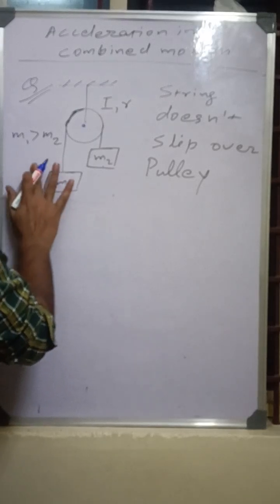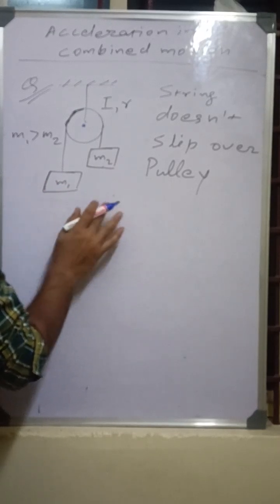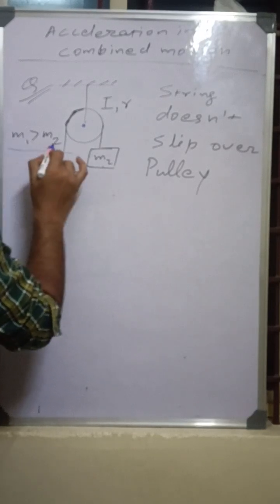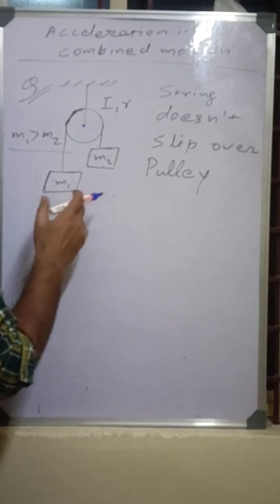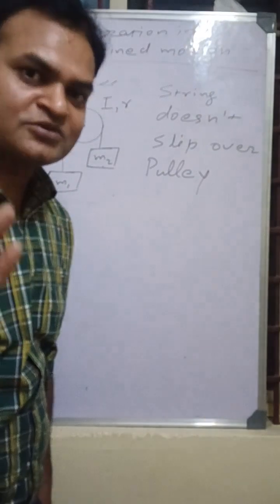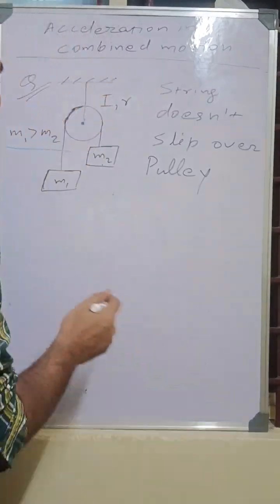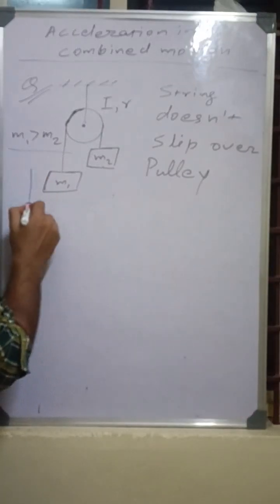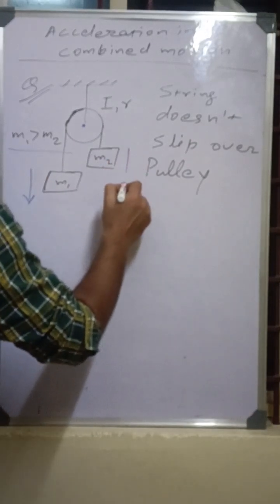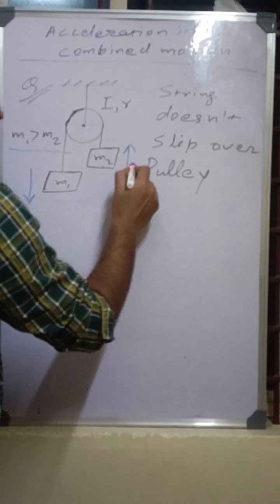Okay, so look at the free body diagram. Suppose mass m1 is greater than m2, so with general observation we can say that this mass will go down and this mass will go upward.